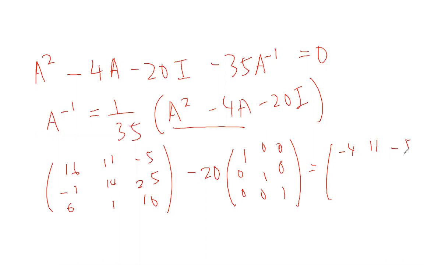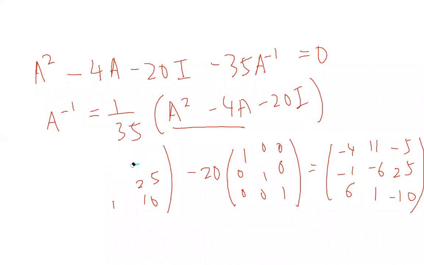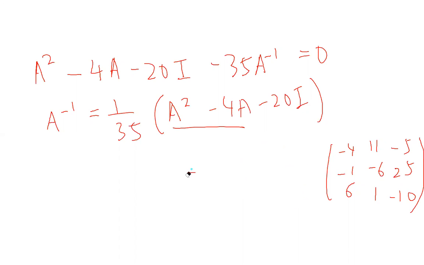The rest remain the same except the diagonal elements. 14 minus 20 is -6. 10 minus 20 is -10. And this represents A squared minus 4A minus 20I. Therefore, the inverse matrix is just 1 over 35 times this, and this is the inverse matrix.